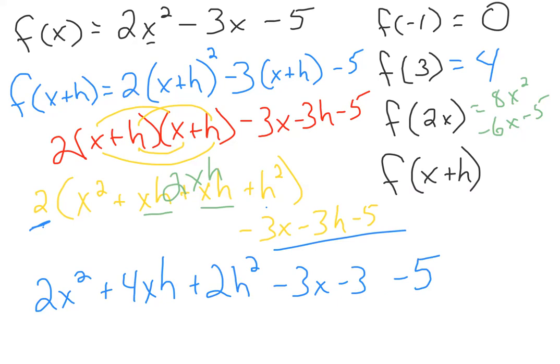Except, wrong letter. I look one last time. Are there any like terms? The answer is no. I have an x squared, but an x, xh, and no other xh's. I have an h squared, no others. I have just a plain h. A lot of times the pitfall is students will combine this to that and that to that.